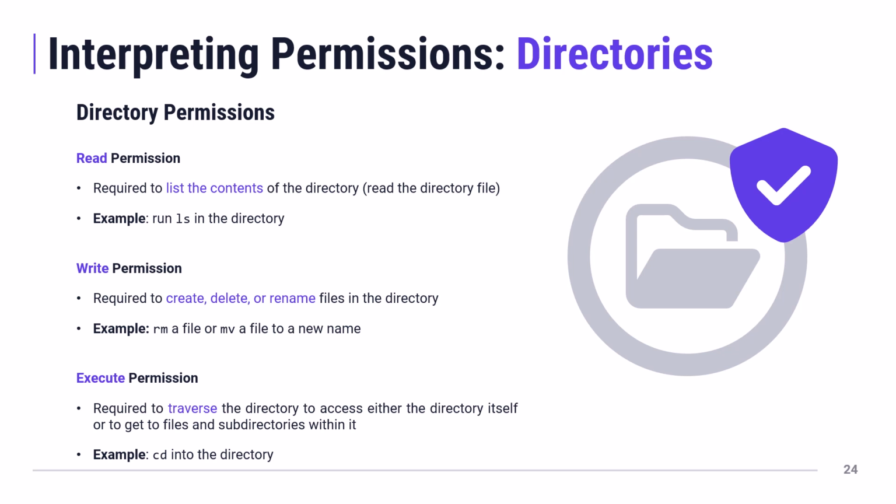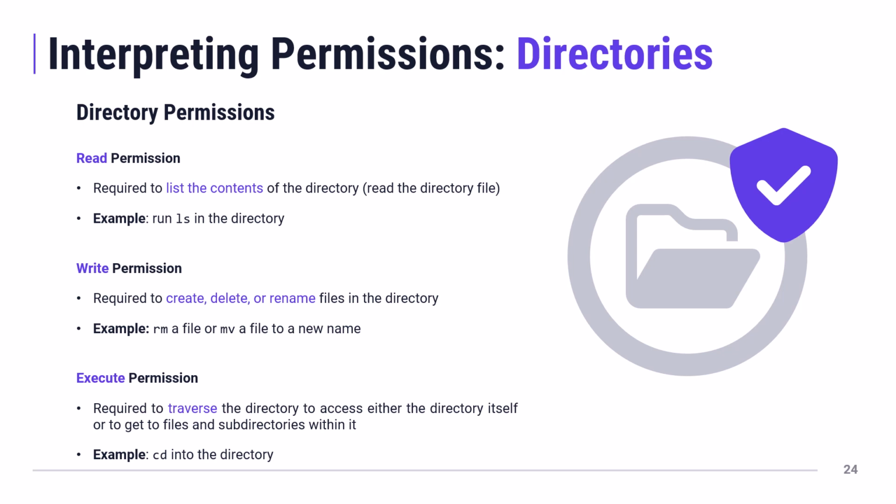It's also required to delete files from the directory, so to remove entries from that file, and of course to rename files in the directory, so to change existing entries in the file. So if I want to rm a file, or mv a file to rename it to some other name, I need write permission on the directory.